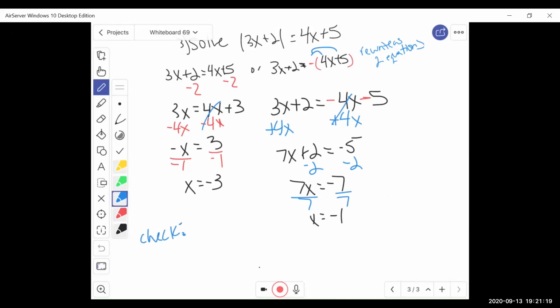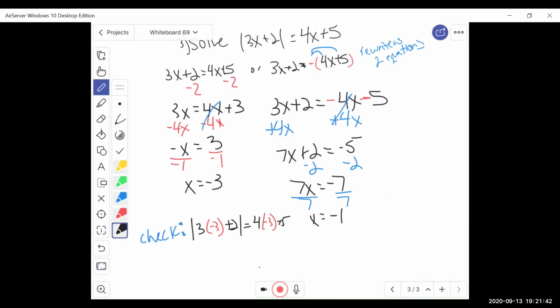Let's check our answers algebraically to see if negative 3 is going to work. Going back to our original, absolute value of 3 times negative 3 plus 2 needs to equal 4 times negative 3 plus 5.